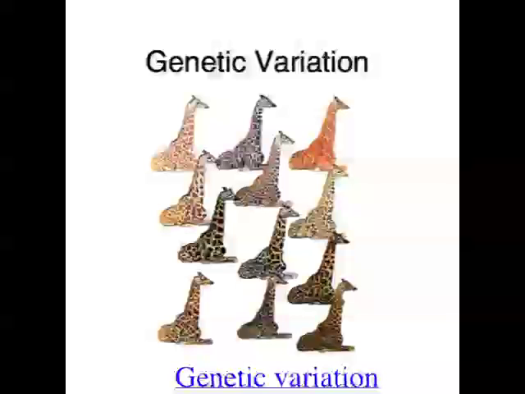Now, in terms of genetic variations, sometimes the genetic variation seen in a species is due to the action of a single gene. That type of variation is called a monogenic trait. A good example of a monogenic trait is rhesus blood type in humans. You've either got the rhesus factors, or rhesus proteins, on your blood cell membranes, or you don't have them.